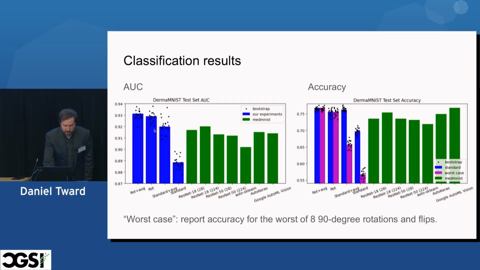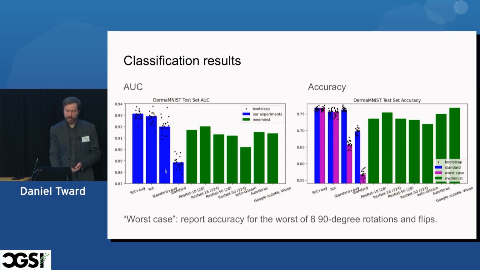This bar here shows the area under the receiver operating characteristic curve for our network applied without data augmentation. To the left over here is our neural network applied with data augmentation. And you can see here that applying data augmentation, randomly rotating your training data set, helps you do a little bit better here.